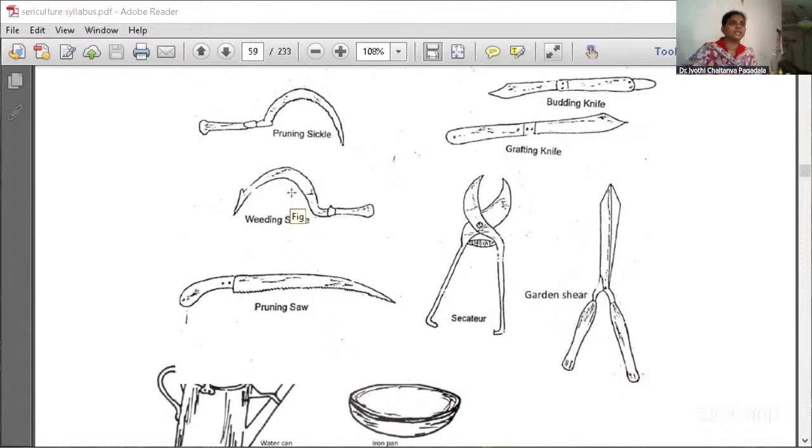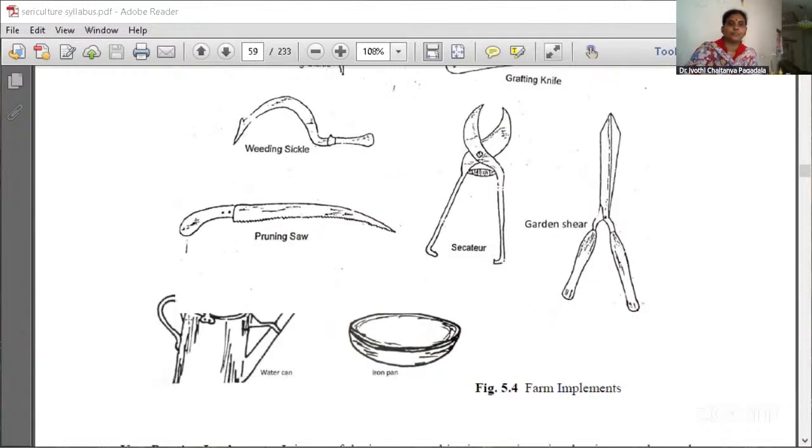Other implements are the watering can with rose. Here, this is the watering can with rose. It is made up of a handle, and a rose is fitted to the bottom of the can.